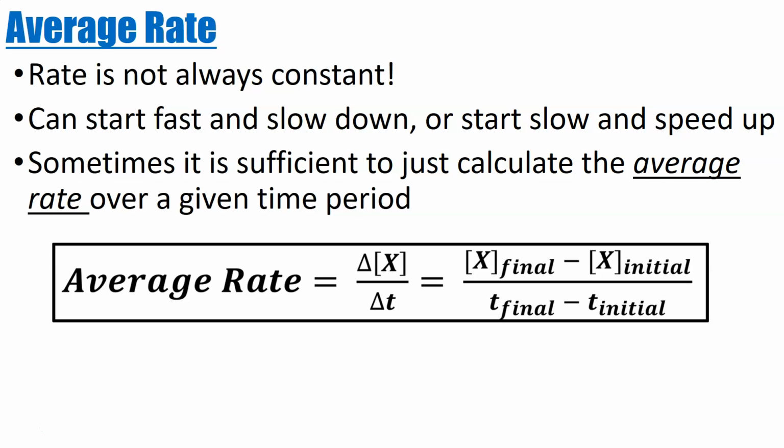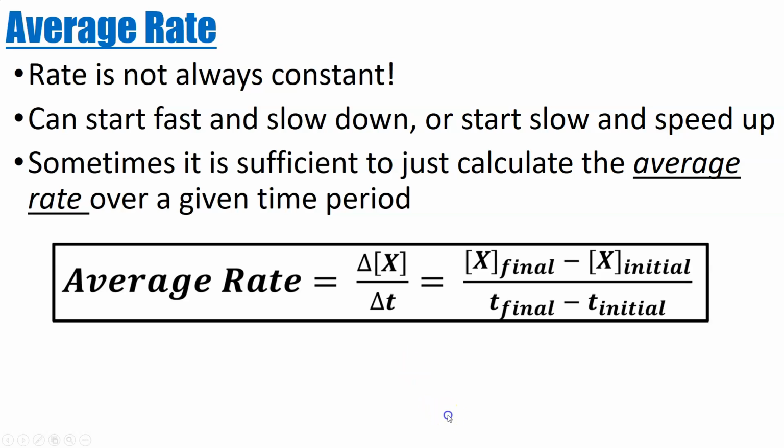Remember that we always do final minus initial. You would be getting these numbers either from a word problem, maybe it tells you the data in a chart, maybe it's data you collected in a lab, or maybe it's from a graph, okay? But you're somehow going to find a final value and an initial value.